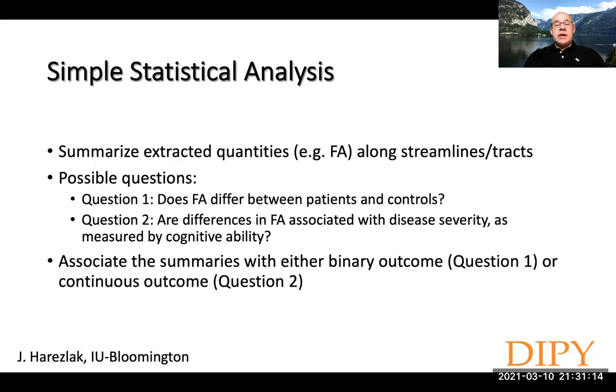Or another question might be, are there any associations between the fractional anisotropy and disease severity? Simplistically, we might answer such questions by associating the summaries that we created in the first point with either a binary outcome, which is an indicator of patients or controls, or with a continuous outcome, which can be represented, like here in question 2, by cognitive ability.